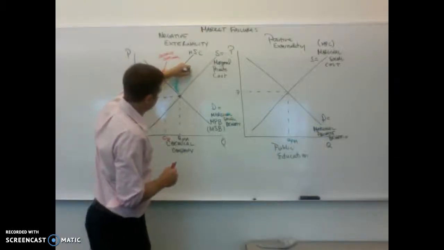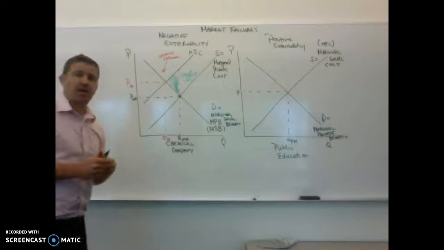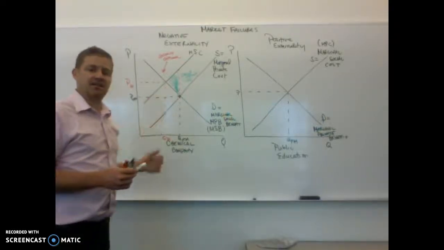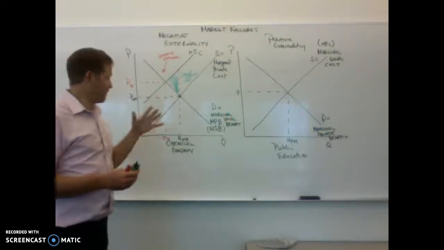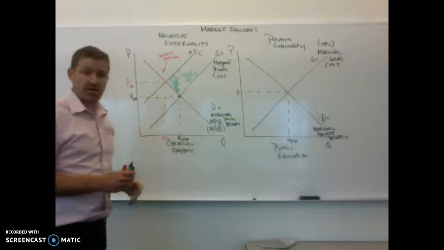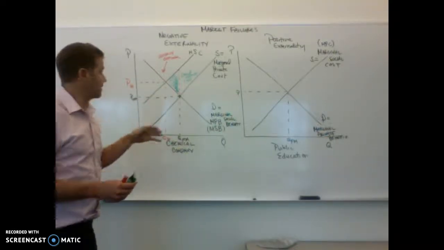Now, you've seen this term before when we have a tax, right? But in that particular instance, the tax created the deadweight loss. We had a free market and then we taxed something and it took people out of the market. Well, in this situation, it's the exact opposite.